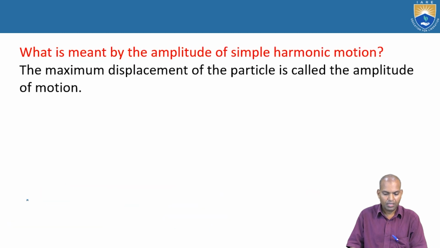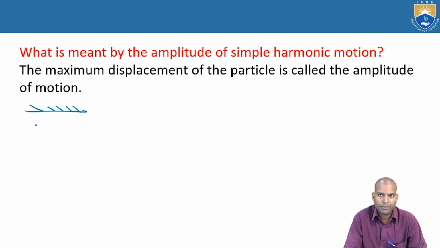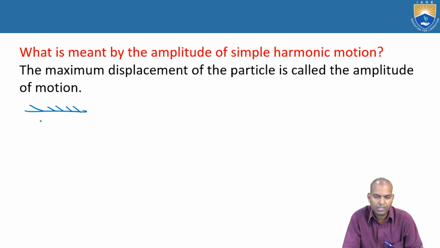Now next, what is meant by amplitude of simple harmonic motion? The amplitude of simple harmonic motion is defined as the maximum displacement of the particle from the equilibrium position. How to explain it through a pictorial presentation? Let us consider here the mass and the spring k.